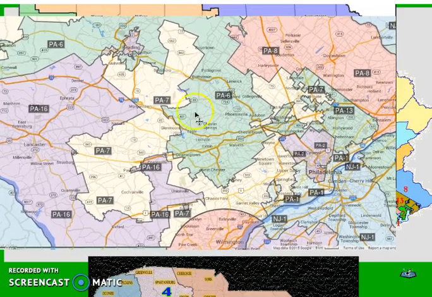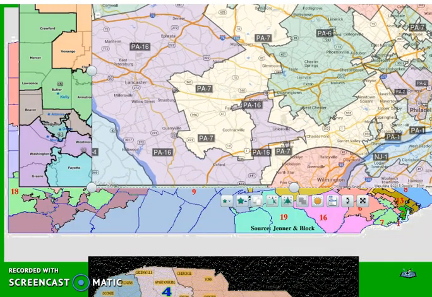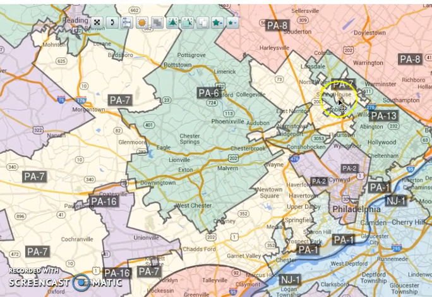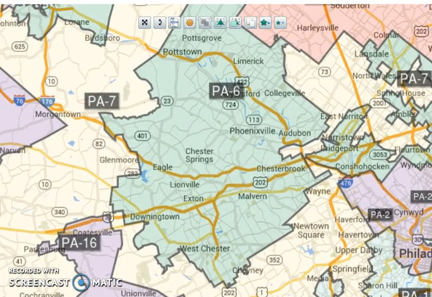So here's a map of Pennsylvania. This yellow shape here called PA7, this is all one district. Look how crazy this gets. It starts all the way over here in Springhouse and Lansdale, comes down this little teeny stretch. I don't even know if we can zoom in and see how little that stretch is.